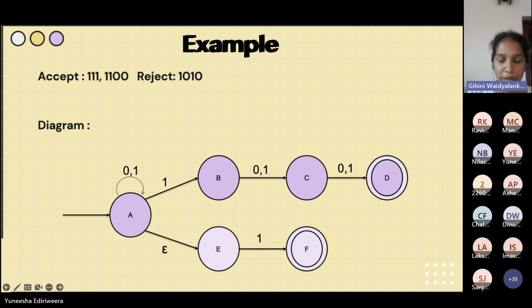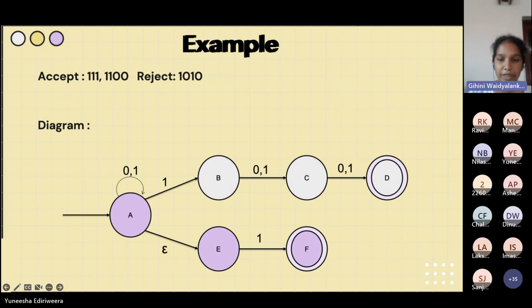One path for 111 is that it might loop over and over in the same state and never reach the final state D. But there is also another possible path, which is that it will go through the states B, C, and eventually to D, which is the final state, making 111 an acceptable string. Next slide, please.